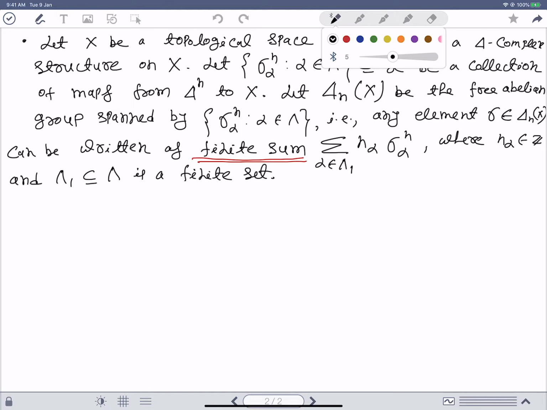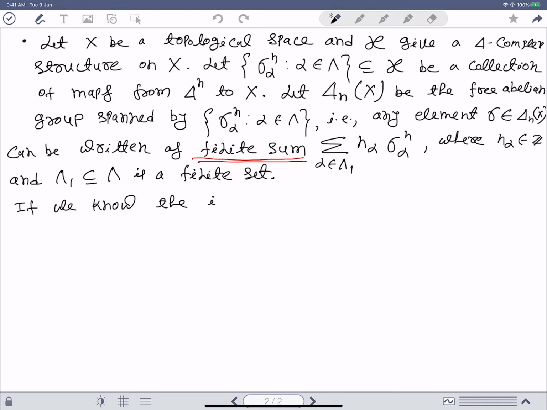Now in other words, if you know the images, say we can write the image of alpha from Delta^n.